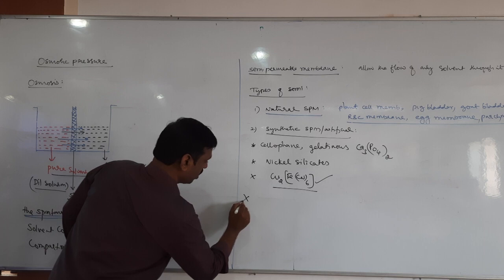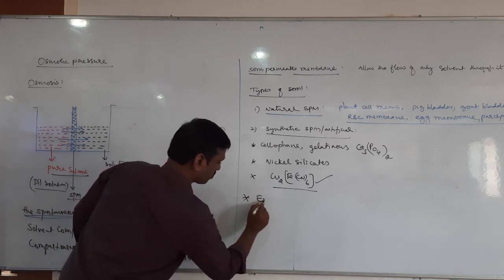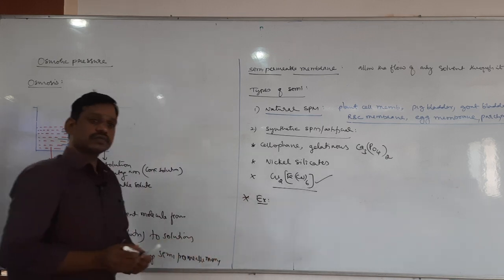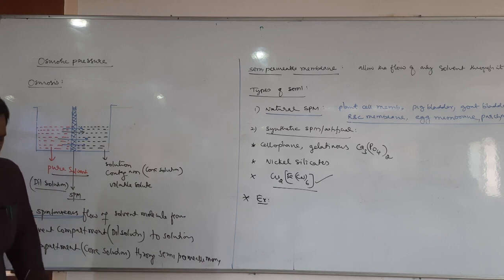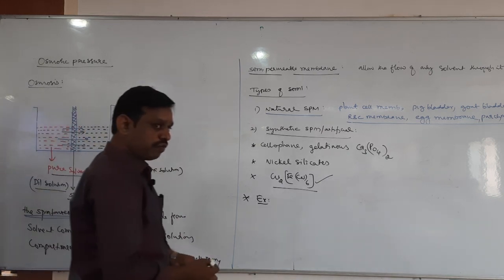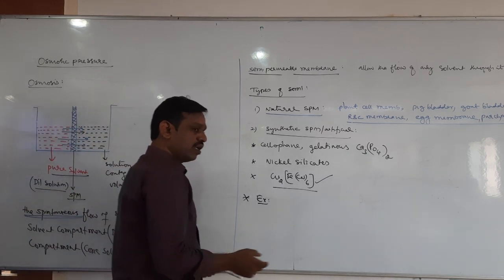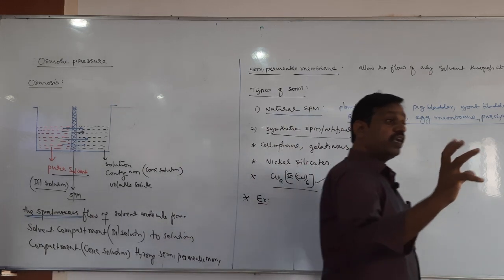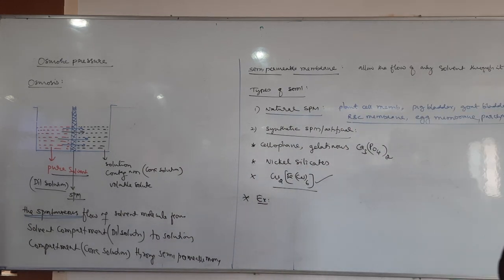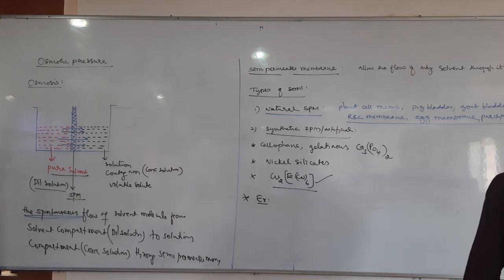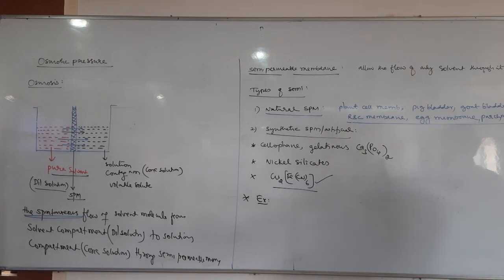Next, can you tell me an example for osmosis? Where is it seen? See, you might have seen wilted flowers become fresh when they are kept in water. Yes or no? Wilted flowers become fresh when kept in water because of osmosis.